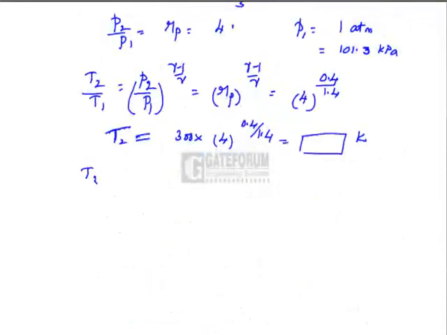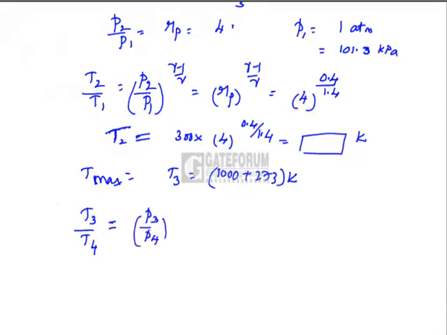The maximum temperature, that is T3, is given as 1000 centigrade, that is 1000 plus 273 Kelvin. Using the isentropic relation between T3 and T4, that is T3 by T4 is equal to P3 by P4 whole power gamma minus 1 by gamma, that is Rp to the power of gamma minus 1 by gamma, that is equal to 4 to the power of 0.4 divided by 1.4.